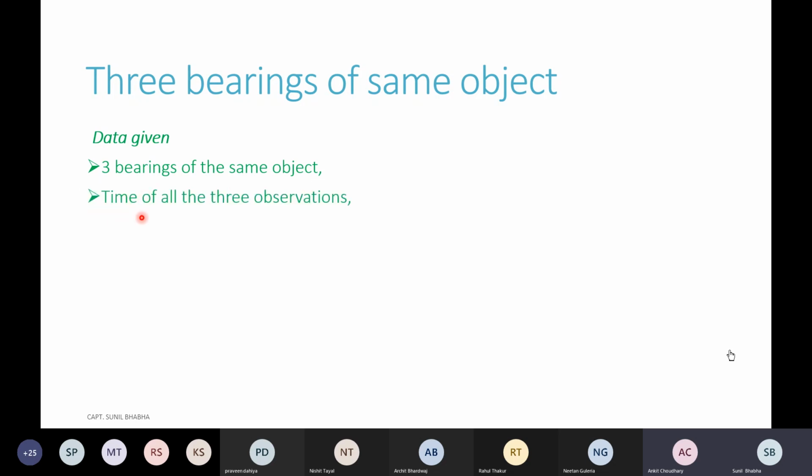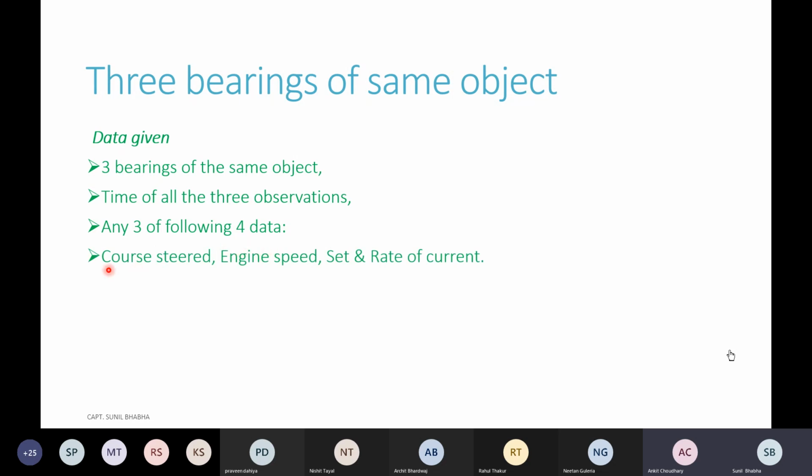The time of all the three observations is also provided in the question. Now we are also given any three items out of the course steered by the ship, engine speed of the ship, set and rate of the current. So out of these four items, any three items are provided to us in this particular question.